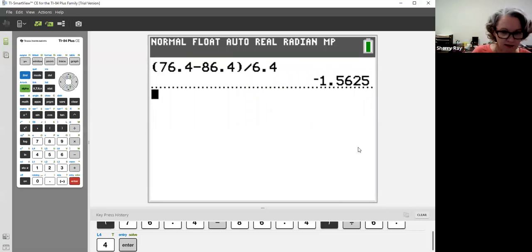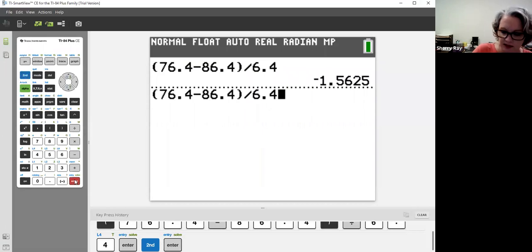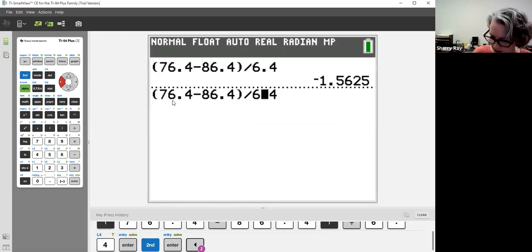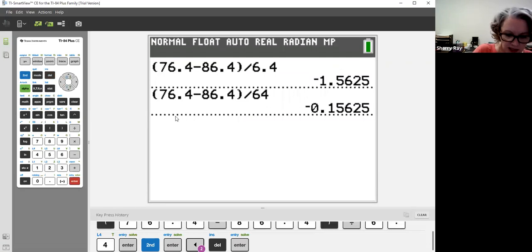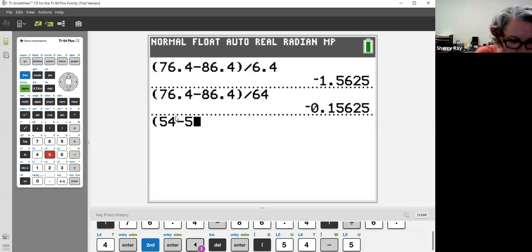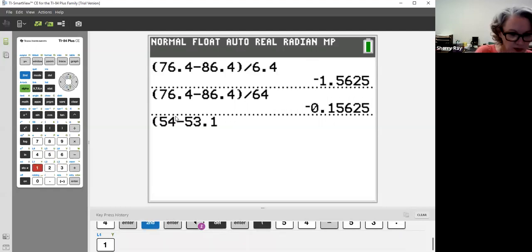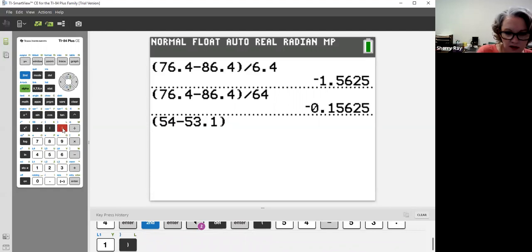Another thing you can do, if you have this 84, is hit second, enter. You can actually just go up and edit the previous problem if you're doing something similar. I don't know if that's going to help save much time. Let me just re-enter it as 54 minus 53.1, in parentheses, divided by 7.1.